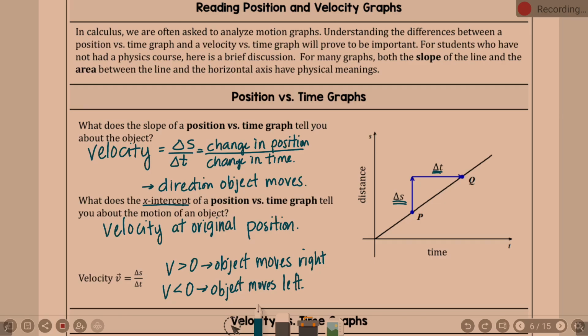Okay, anything else on this graph? I think I've got everything I need on there.